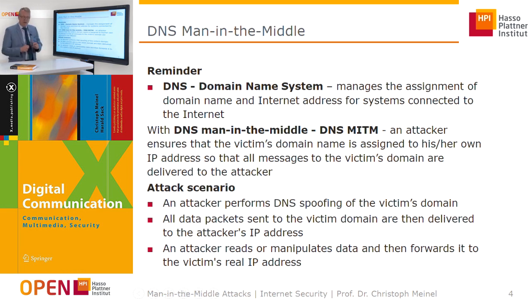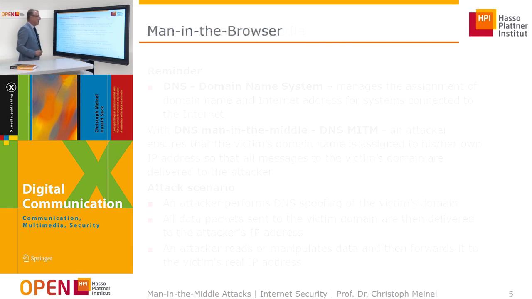The attacker reads the message or manipulates the data and then forwards the data to the victim's real IP address. The victim typically does not become aware that the message did not directly come from the other partner.